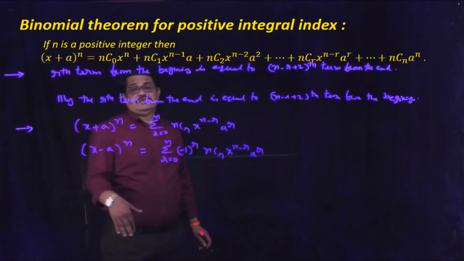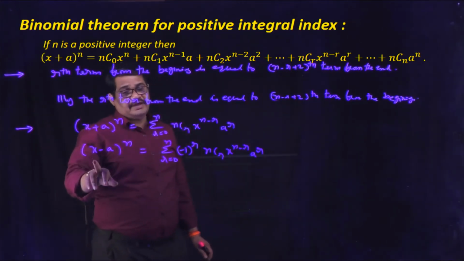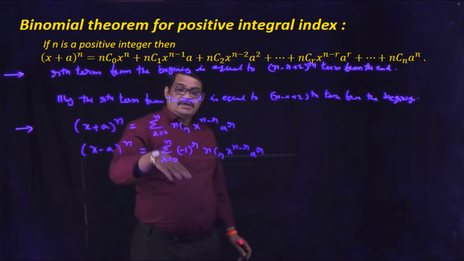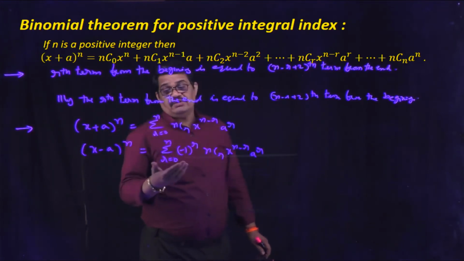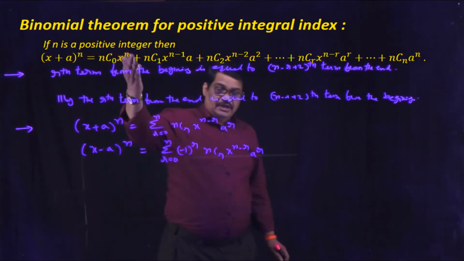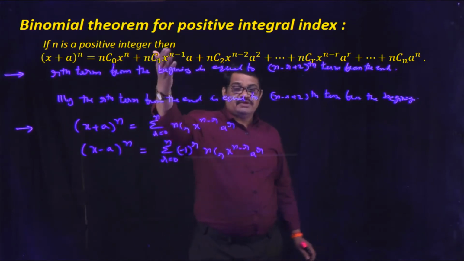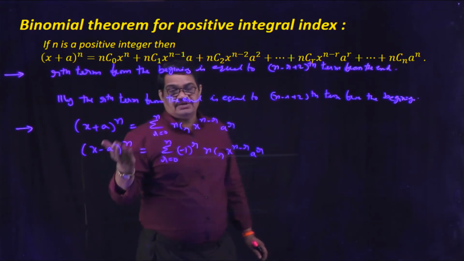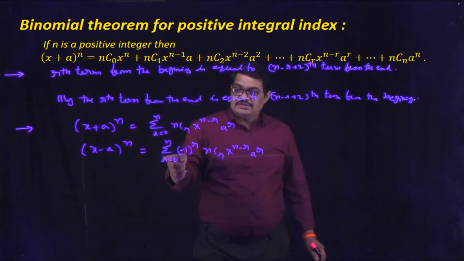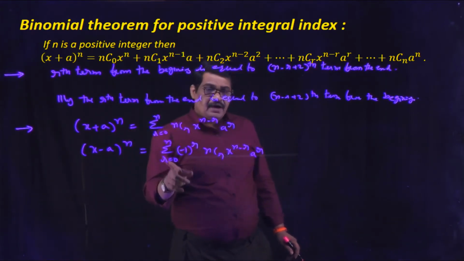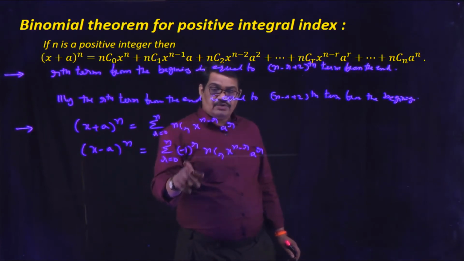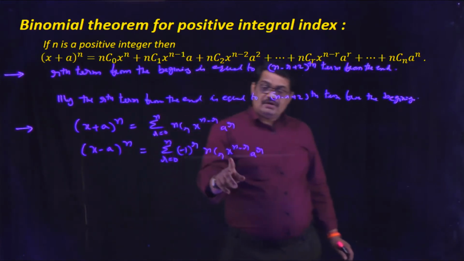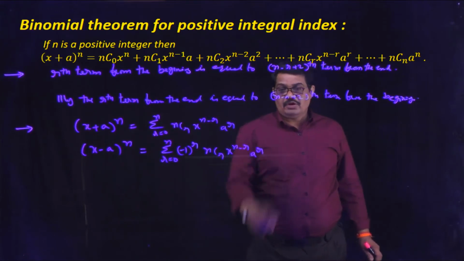In this expansion we get plus and minus alternately if the expression is x minus a whole to the power of n. So in sigma notation, it is sigma r equal to 0 to n of minus 1 power r into nCr x power n minus r a to the power of r.